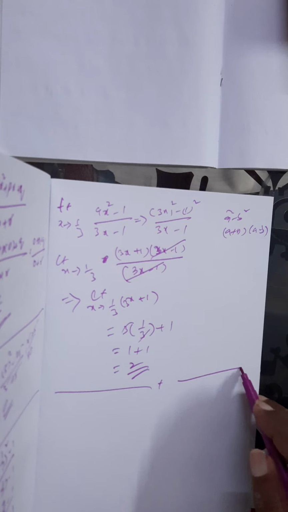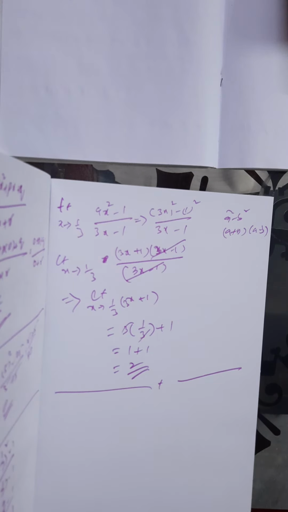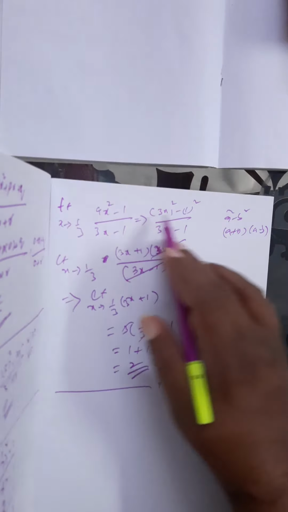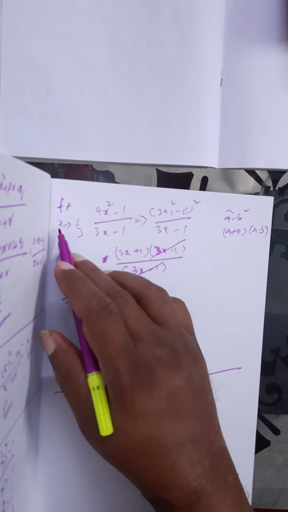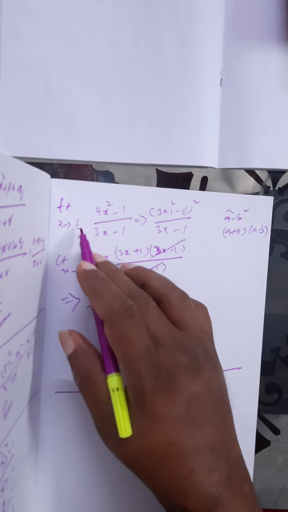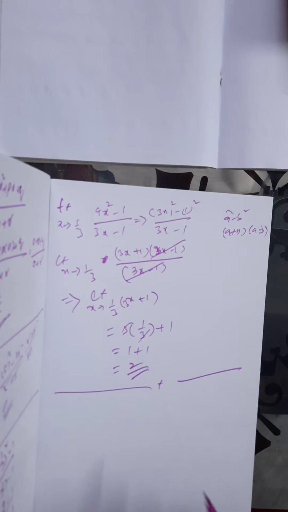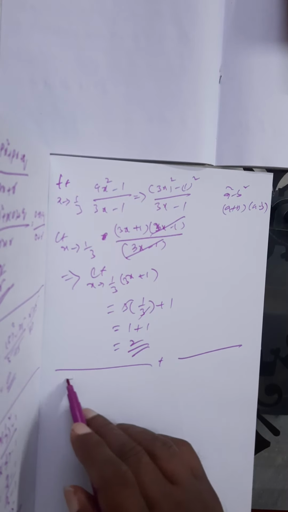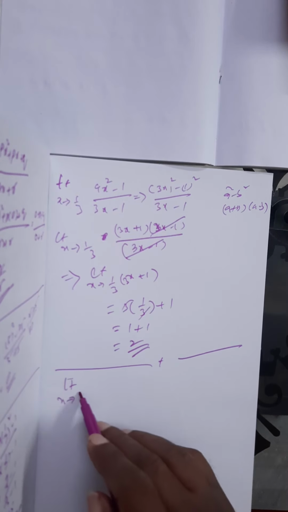So like this, sometimes we have to cancel the factors and apply the limit, or otherwise you can apply the formula also. Multiplying the 3, you will get 3 minus 1 as x tends to that. Applying that formula also you can do this. Let us see here, you have to make the limit the same.